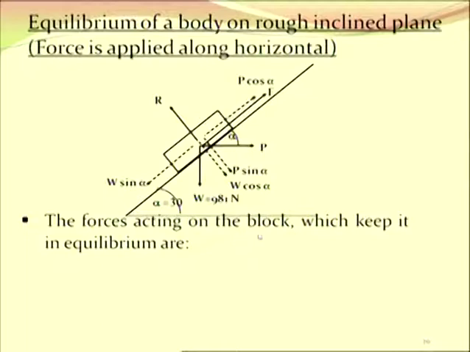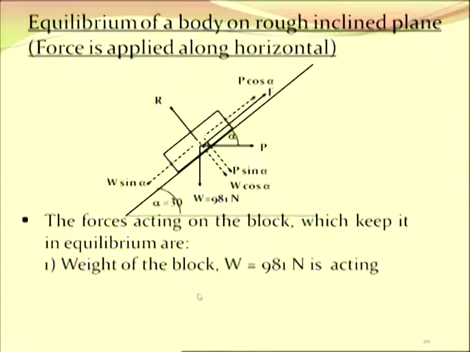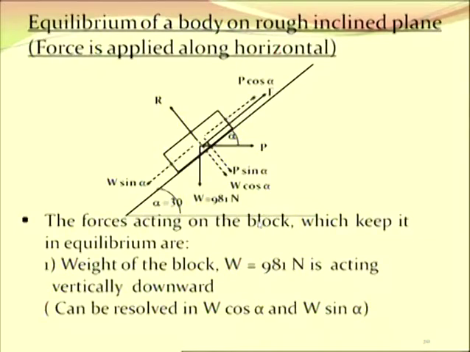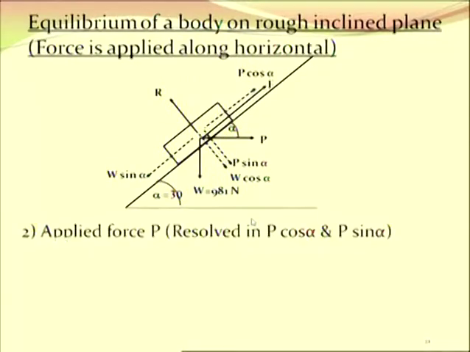The forces acting on the block which keep it in equilibrium are: weight of the block, W is equal to 981 Newton, which is acting downwards and which can be resolved into two parts, that is W cos alpha and W sin alpha. Applied force P, which is also making an angle alpha with the inclined plane, so P can also be resolved into P cos alpha and P sin alpha.